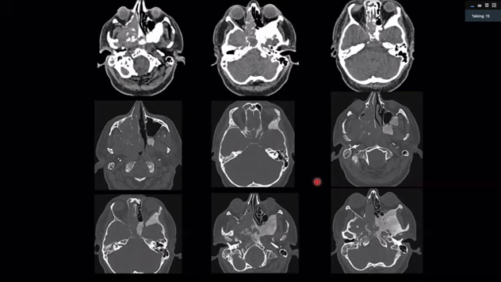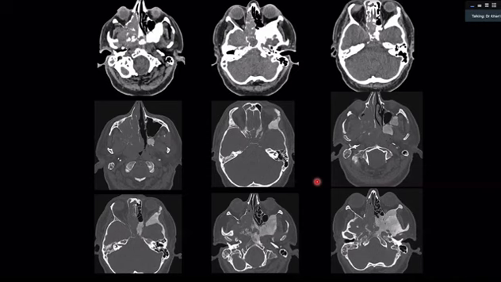But I'm also looking on the right side where there is an abnormality around the body of the pterygoid and the pterygoid plates, which are not very visible and look like they might be eroded. My concern being that although the appearances are of fibrous dysplasia, I wonder if there could be some malignant transformation.